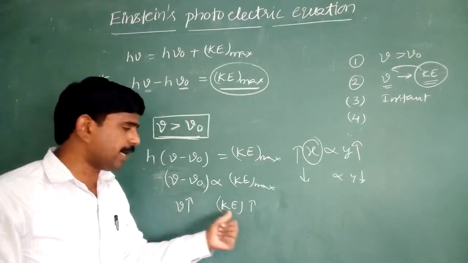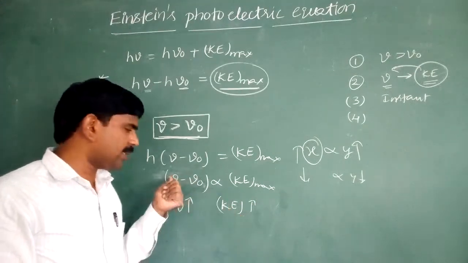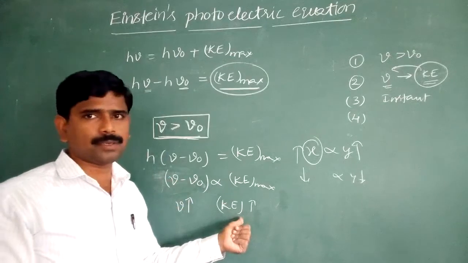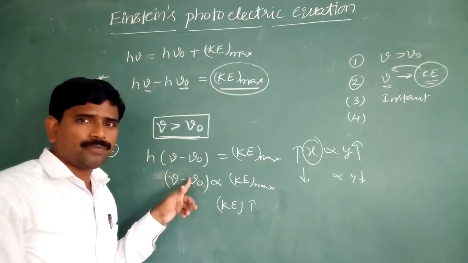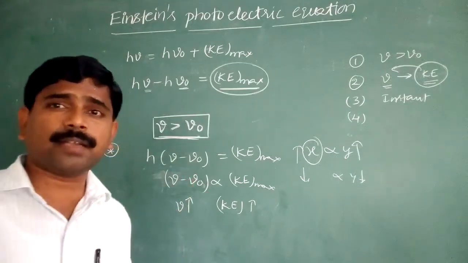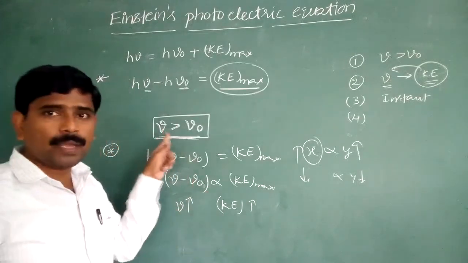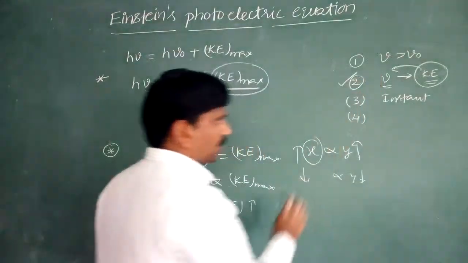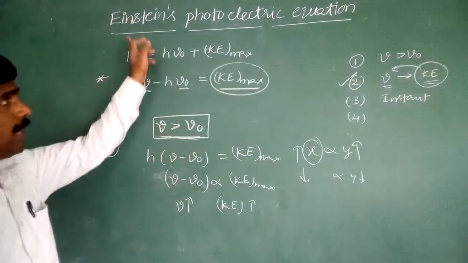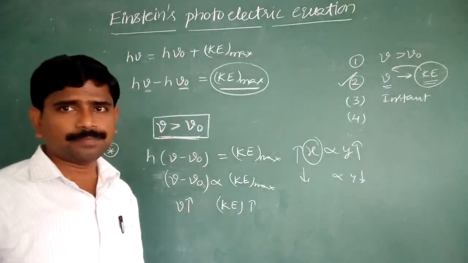Frequency increases, kinetic energy also increases. Frequency decreases, kinetic energy also decreases. If the frequency is below the threshold frequency, photoelectric emission does not take place. So the second one is also successfully explained with the help of Einstein's photoelectric equation.